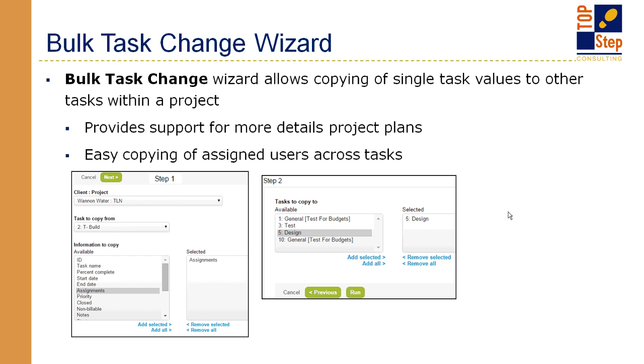So you can copy those list views to a number of different users, or users within your department if it's department specific. It's a real quick way to update information, and the user change wizard is across users. On the task change wizard, it's within a project and a task.